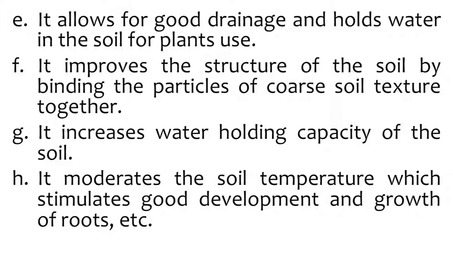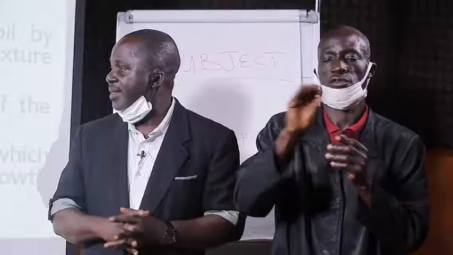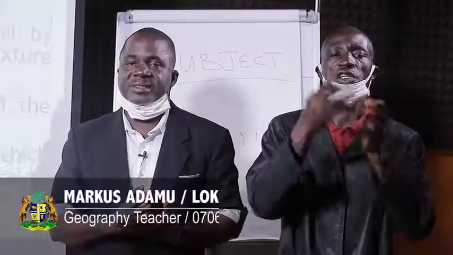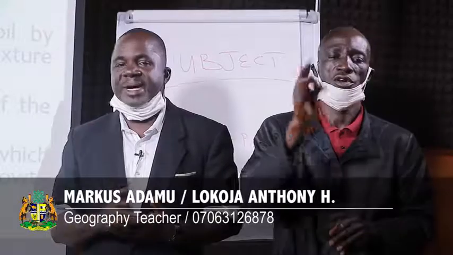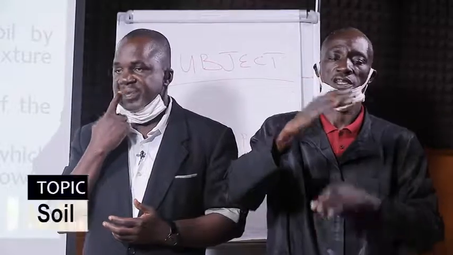G, it increases water holding capacity of the soil. And H, it moderates soil temperature, which stimulates good development and growth of roots, etc. These are the importance of organic matter on agriculture.